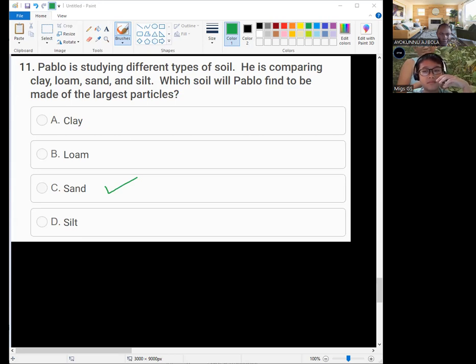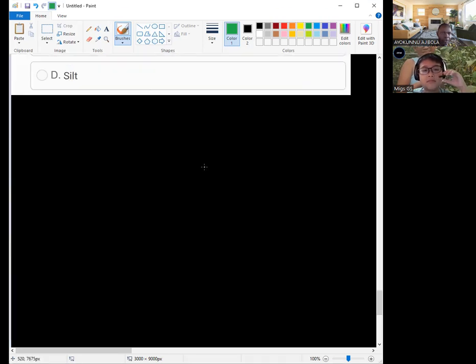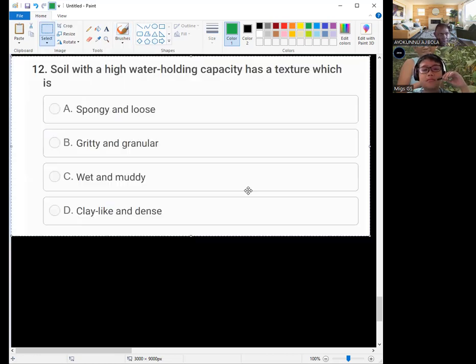Okay. So this is still talking about the ability of soil to hold water. Soil with high water holding capacity has a texture which is dash. So if a soil can hold water very much, what type of texture can the soil contain?